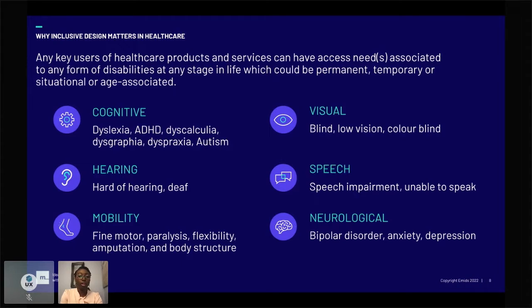So for someone with hearing disability, and you have a telehealth service, this person can conveniently benefit from using the telehealth service if it is well designed. And what do I mean by this? That is, there's provision for multiple means of communication. The client can decide to use the chat, or there are other options if someone wants to use a phone call, or a video call.